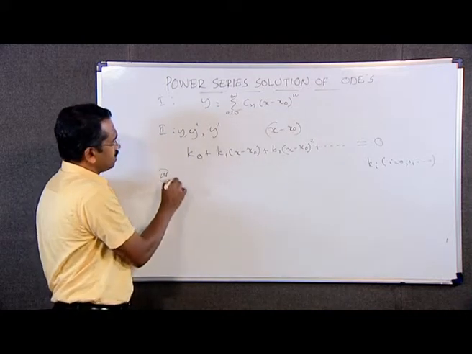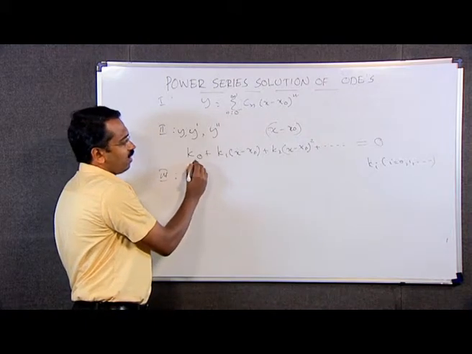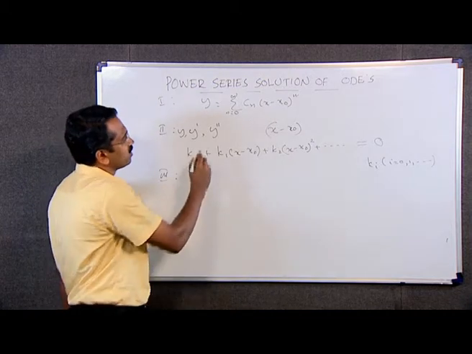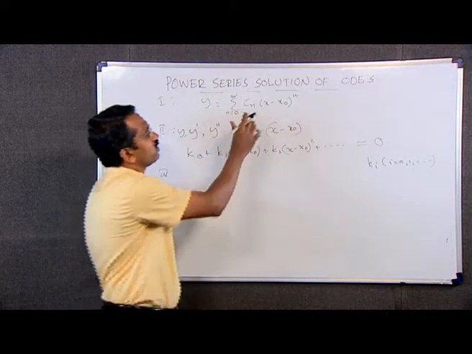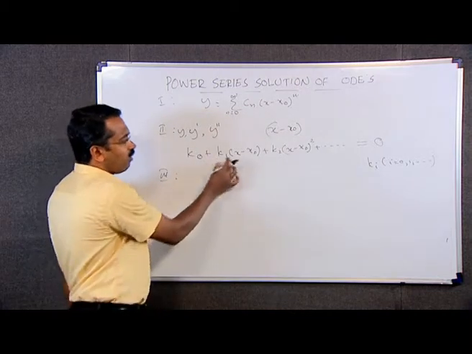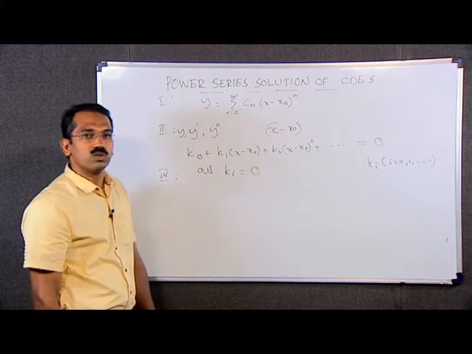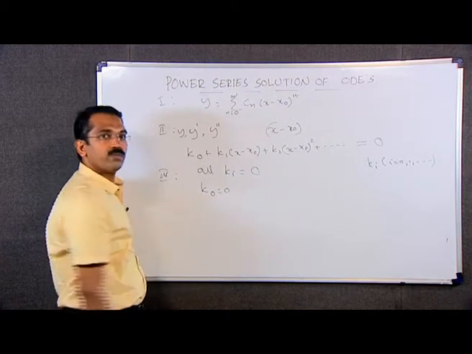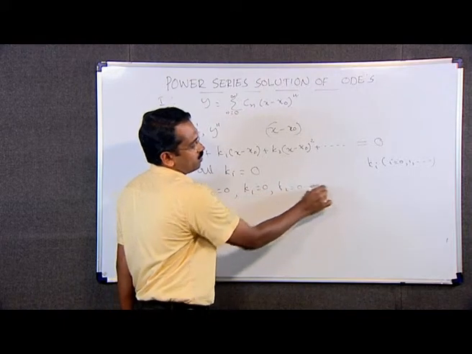The third step is we can write all these ki's equal to 0, because if this is a solution, then this will satisfy the given differential equation, means all ki's must be equal to 0. That means k0 equal to 0, k1 equal to 0, k2 equal to 0, and so on.